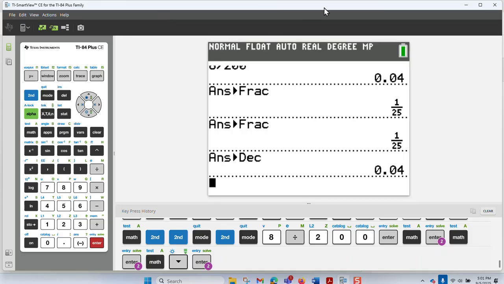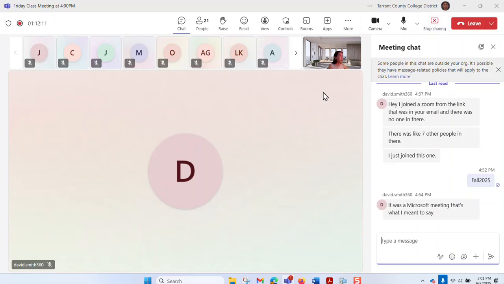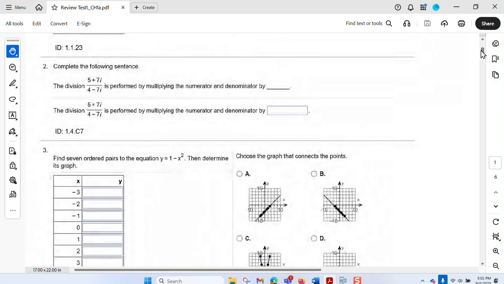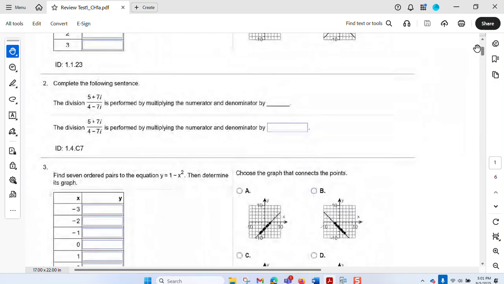All right, okay, let's go into the second one. Okay, second question. Some of these, you have to go through the whole section, right? This is section 1.4. This one asks: the division is performed by multiplying the numerator and denominator by what?